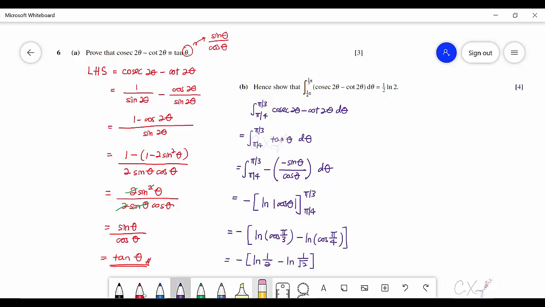Once I get to this step, there are many ways for you to simplify it. I try to expand everything. So ln half means ln 1 minus ln 2. Ln 1 over square root 2, I will get ln 1 minus half ln 2.